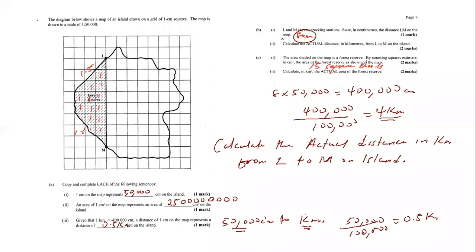Could you repeat what you just did? I was asked to find the area of the shaded region, the shaded forest. So what we did, actually, we counted the boxes which are full. Look at it here: 1, 2, 3, 4, 5, 6, 7, 8, 9, 10, 11, and 12.